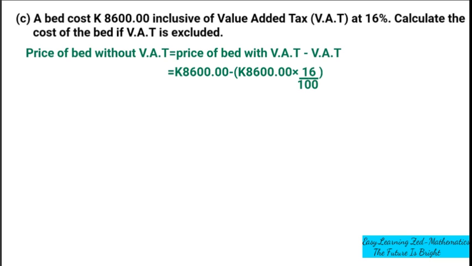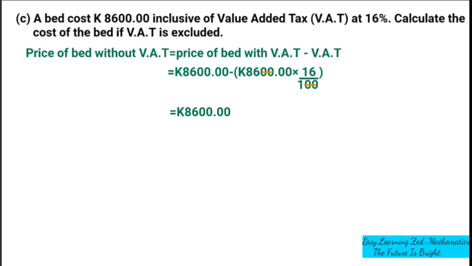So I write the price of bed with VAT, 8,600 kwacha, then evaluate what is in the bracket: 8,600 kwacha multiplied by 16 over 100. I'm going to cancel out the zeros down and also the zeros on top. Be careful not to cancel the zeros for the ngwee; make sure that you cancel the kwachas.